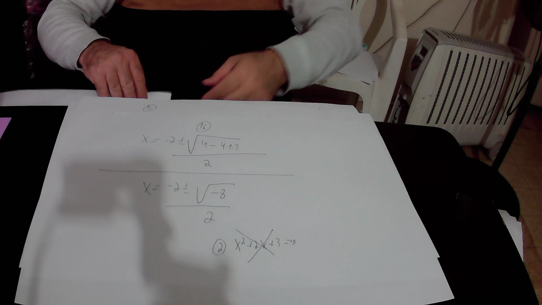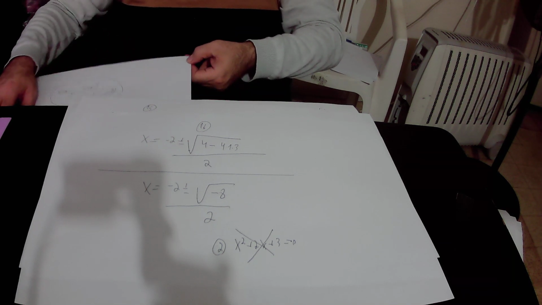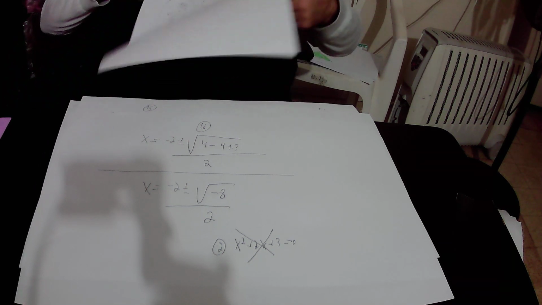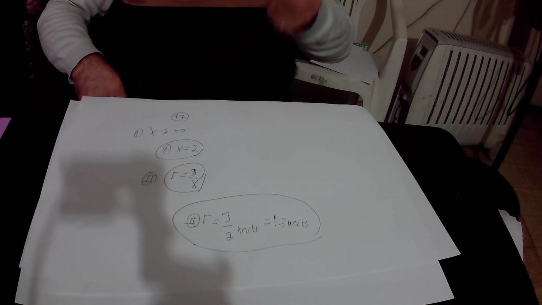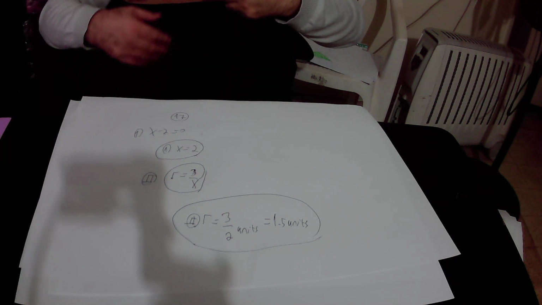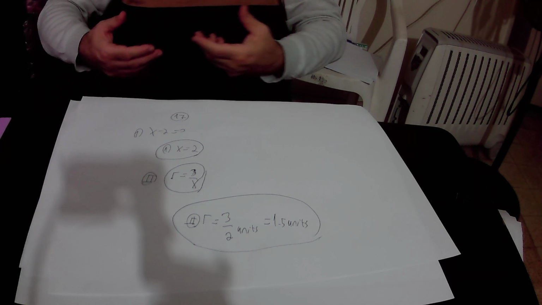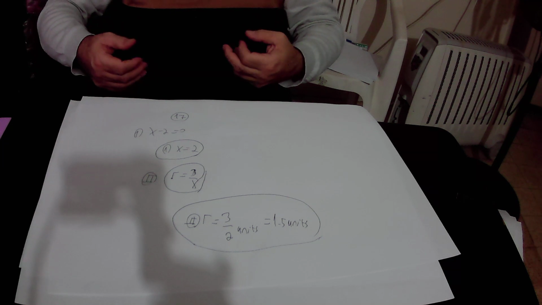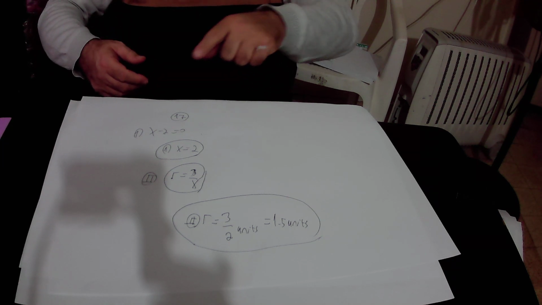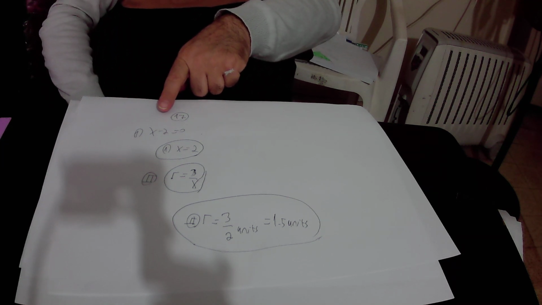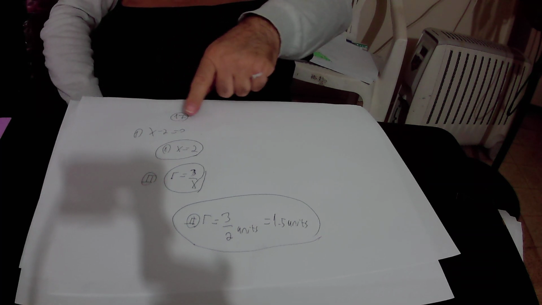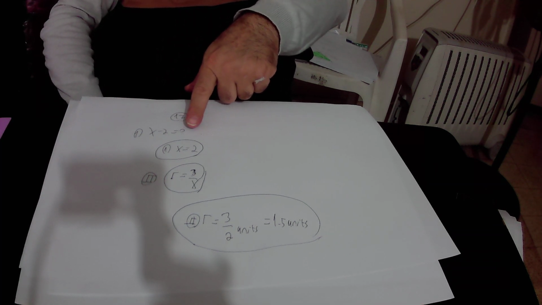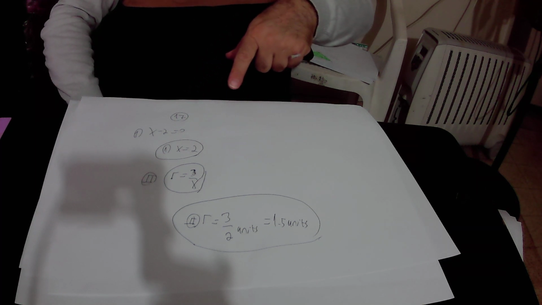Therefore, we are left only with the possibility that x minus 2 equals to 0, because the second possibility that x squared plus 2x plus 3 equals to 0 is not correct because there is no solution for x. The only possibility that is left is that x minus 2 equals to 0. If x minus 2 equals to 0, then x equals to 2.